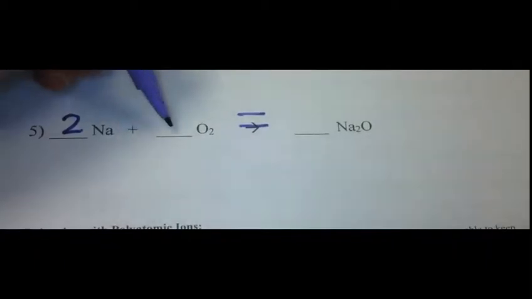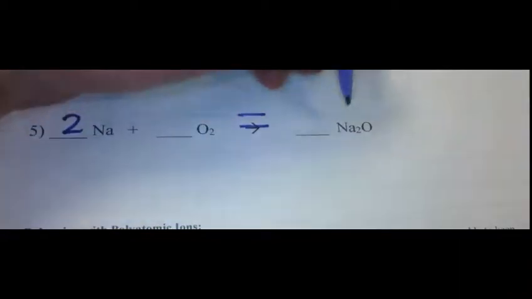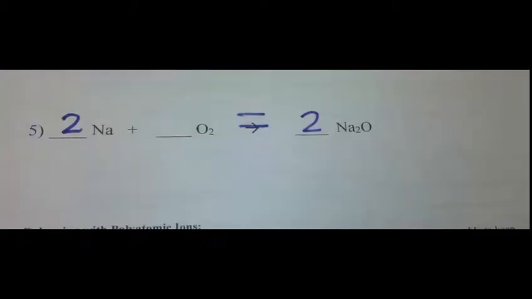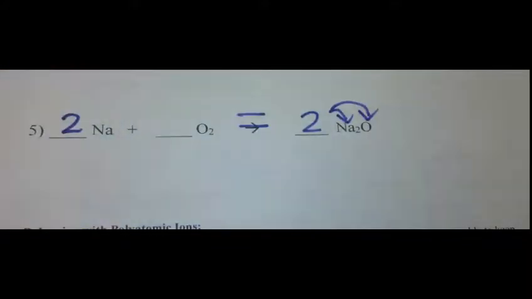On the left side, I have 2 oxygens, but on the right side, I only have 1 oxygen. Okay, so what I'm going to do to fix this is put a 2 over here. Uh-oh, I just messed up this coefficient right here though, because remember, unintended consequences. Coefficients go everywhere.